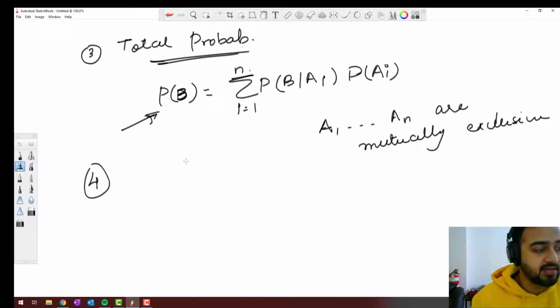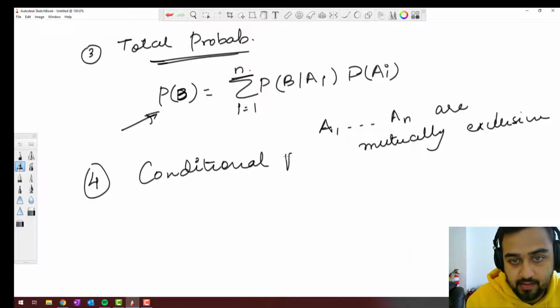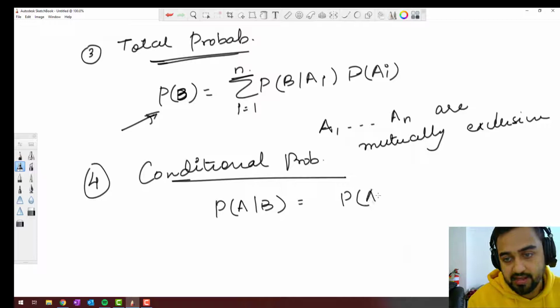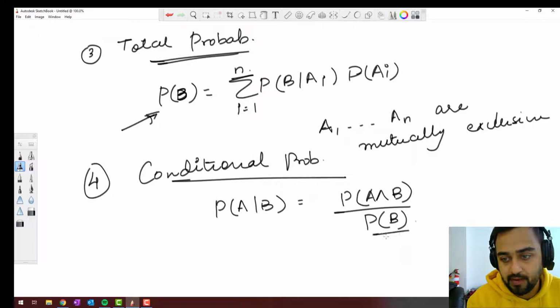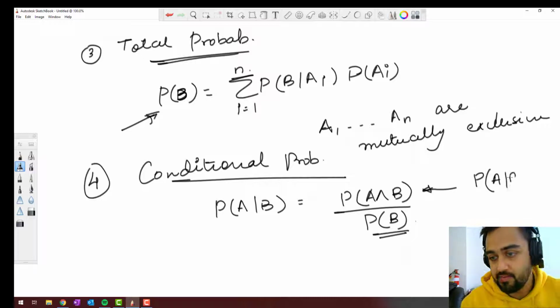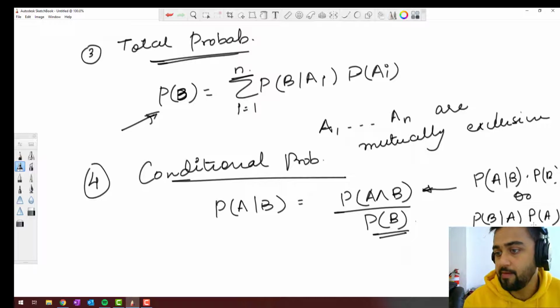Right? That brings us to the fourth one, the conditional probability. The conditional probability says P(A given B) can also be written as P(A and B) upon P of B. Where P(A and B) can further be written as P(A given B) into P of B, or P of B given A into P of A. In this case, we take this.